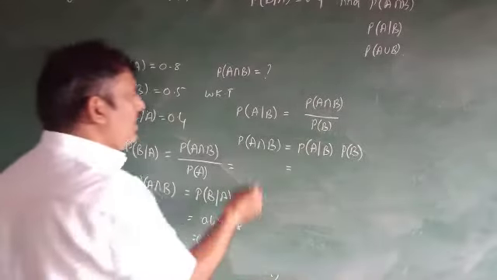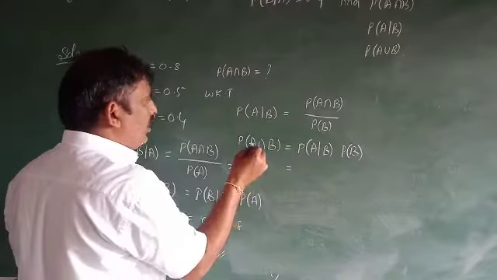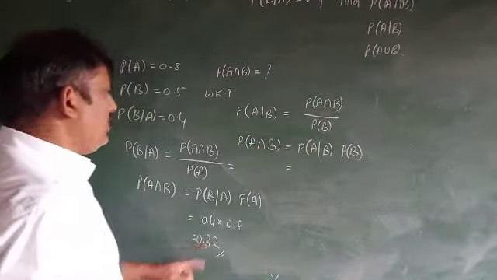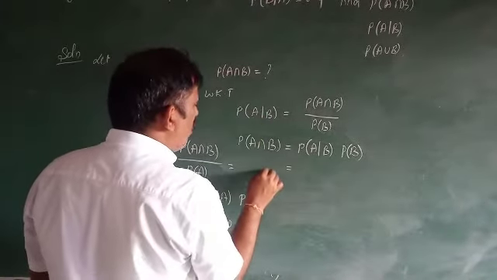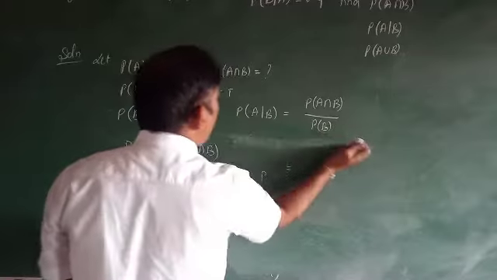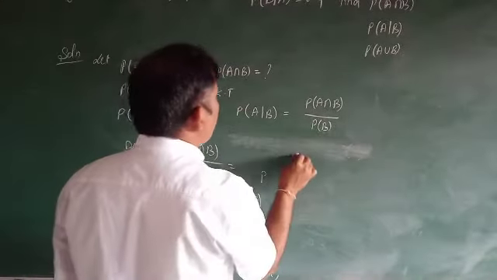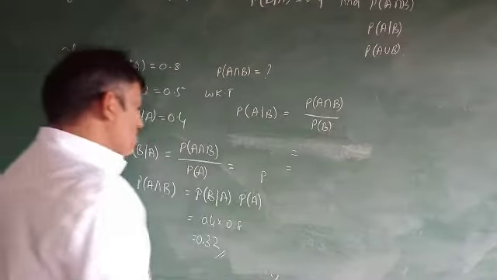Right? So probability of A intersection B is 0.32.